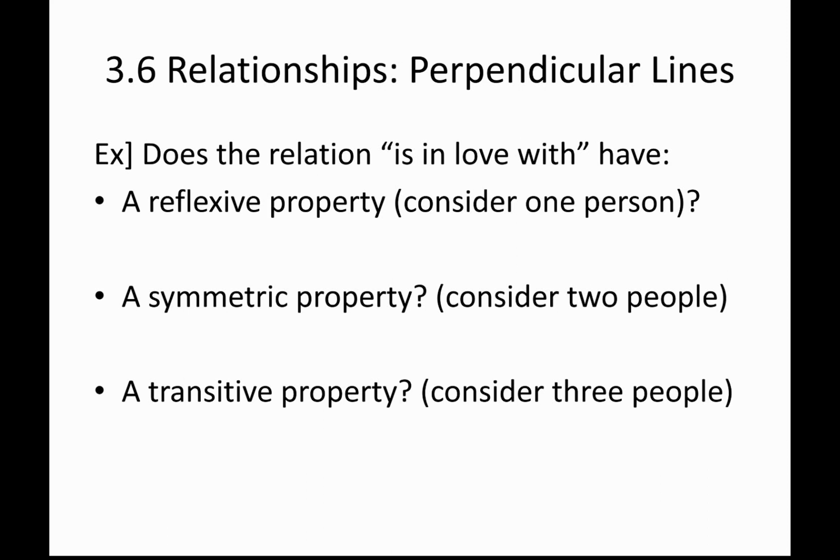I would say that coming up with one instance in which it doesn't occur would be sufficient for you to state that the relation does not have that property, i.e., coming up with a counterexample is enough to quash the entire connection there.